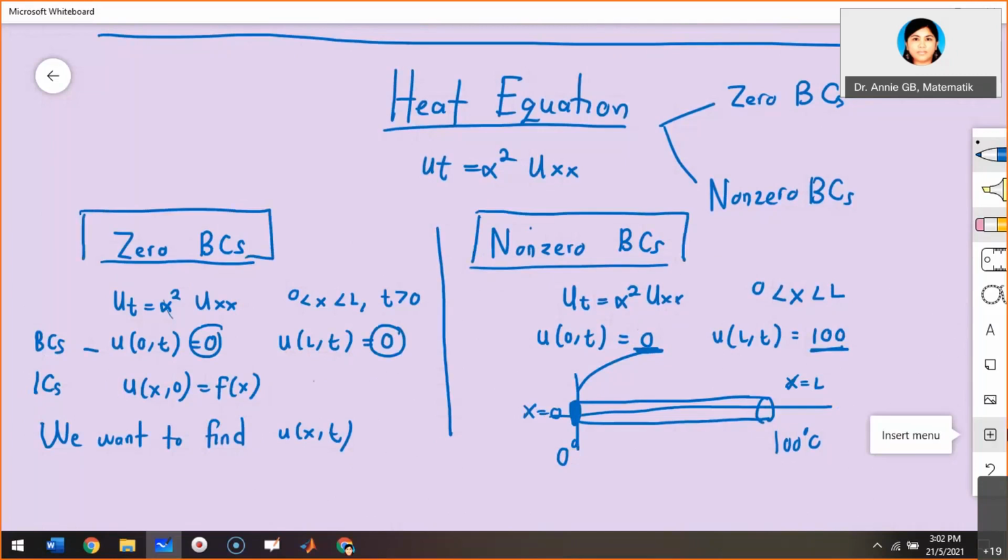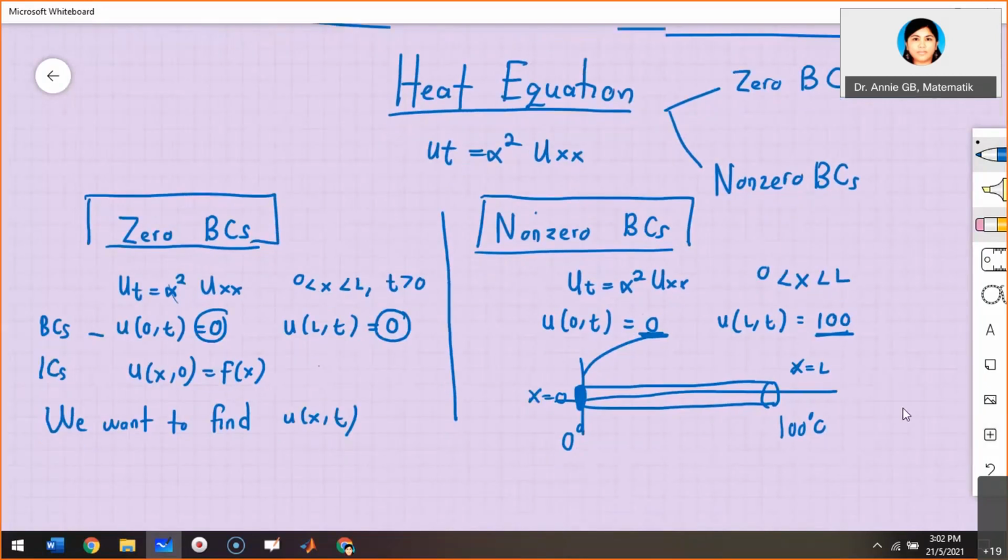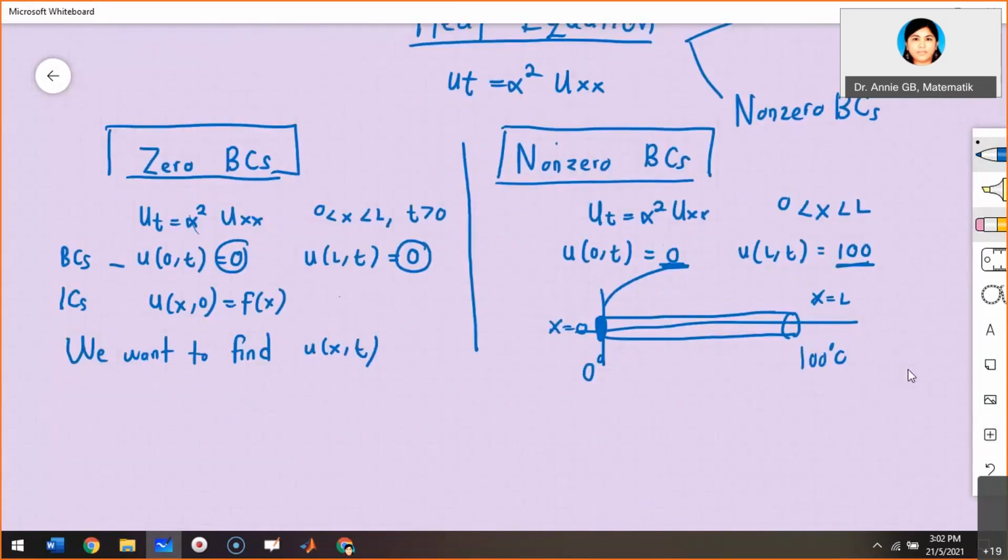Okay, so when this happens, then you have to consider how to solve this non-zero boundary condition. Okay, semua jelas pasal zero dengan non-zero boundary condition? Ada nak tanya tak? Okay, kalau okay, saya nak continue lah.